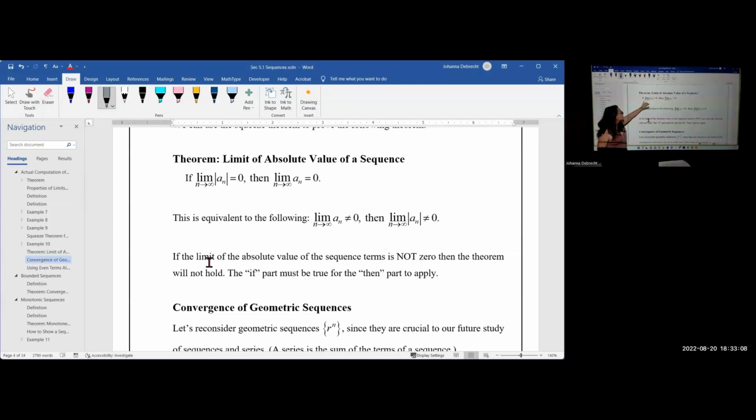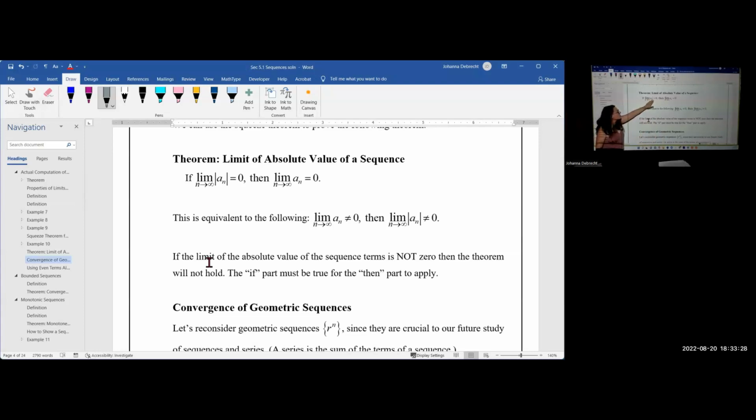It basically says if the limit of the absolute value of a sequence goes to 0, then the limit of the sequence without the absolute value must also go to 0. Now, the 0 here is important. It will not work for any other value. It will only work for 0.